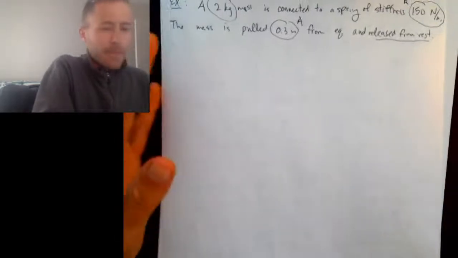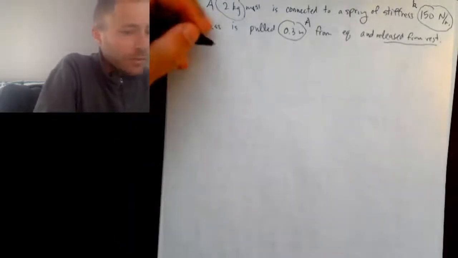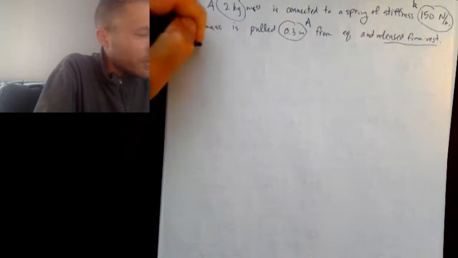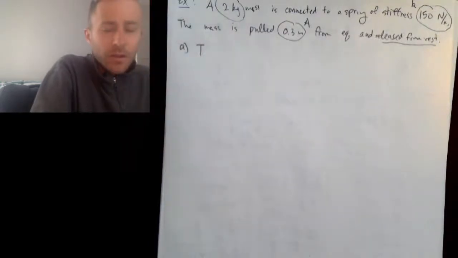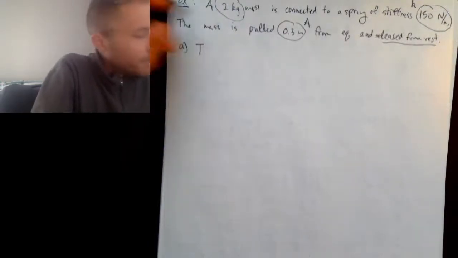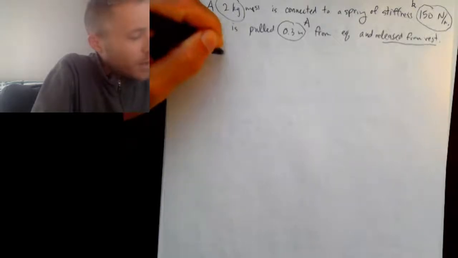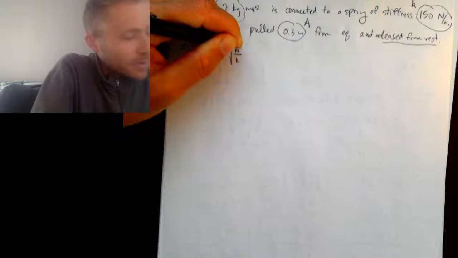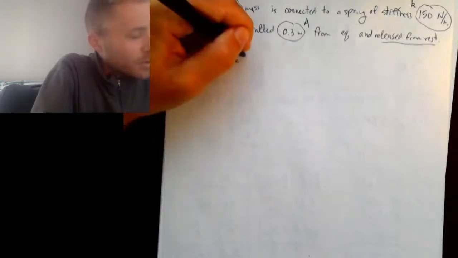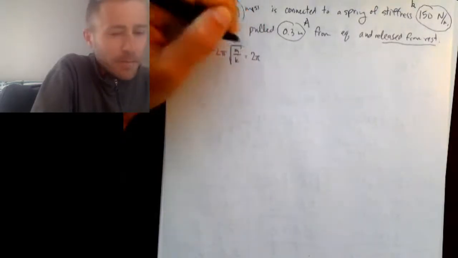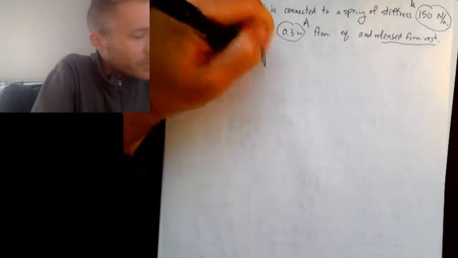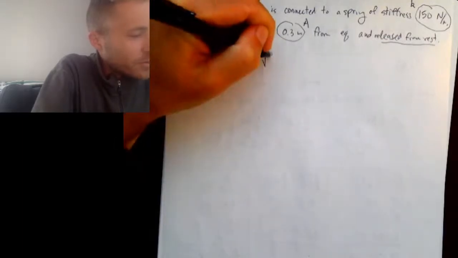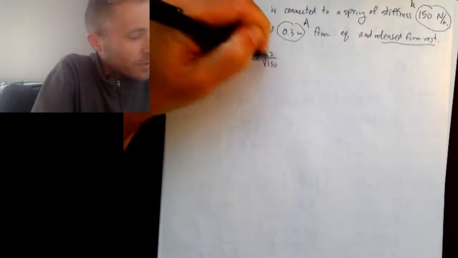So that's what I'm going to do. The first thing I want to do is calculate the period. The period is 2 pi square root of m over k. So that's going to be 2 pi square root of mass is 2, stiffness is 150.